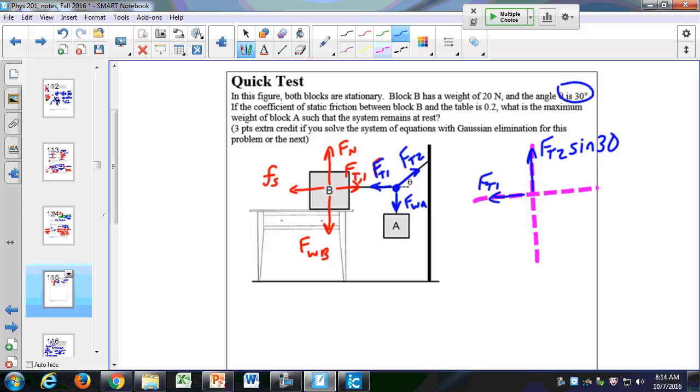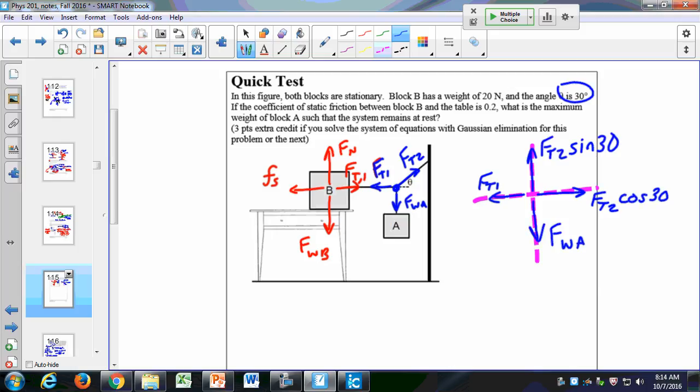Now remember with the inclined plane we took 90 minus that angle, but here we don't have that. The angles measure from the x-axis, so we keep the angle as it's written. Remember, you only do that with the inclined plane. FT2 sine 30, FT2 cosine 30, and then we have FWA.